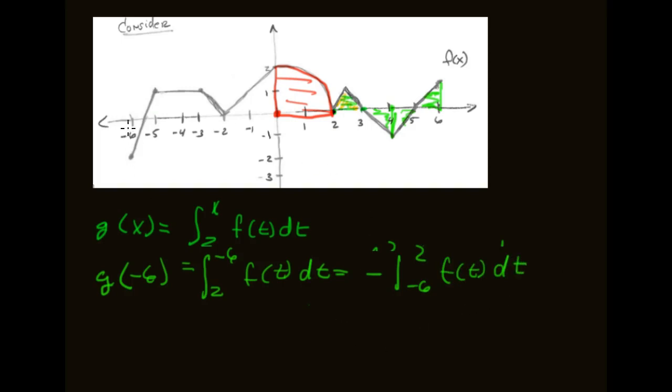So coming from negative 6 all the way to 2. So this is the negative of, well, let's see. This is a triangle with a base of 1 and a height of 2. But it's underneath the line. So let's see, that's going to be base 1, height 2 divided by 2. That's going to be an area of negative 1.